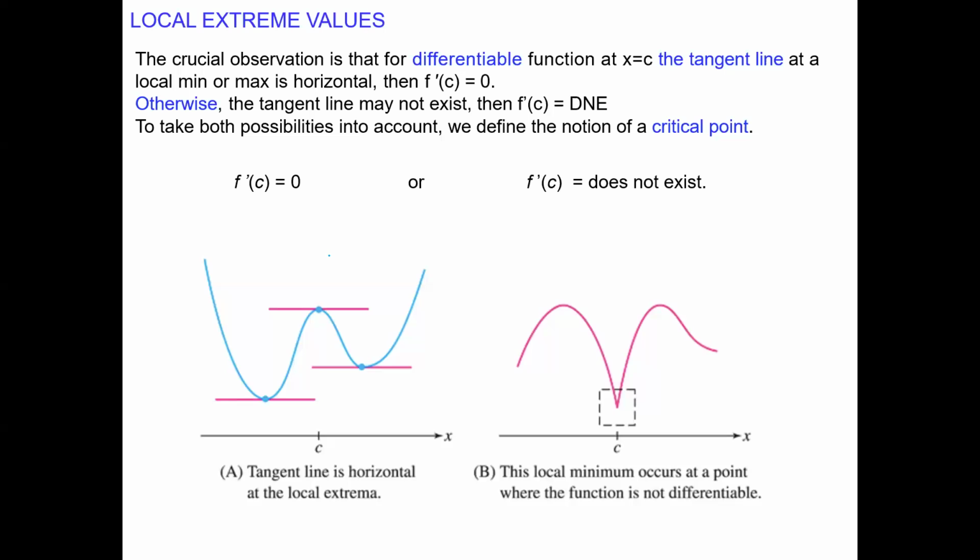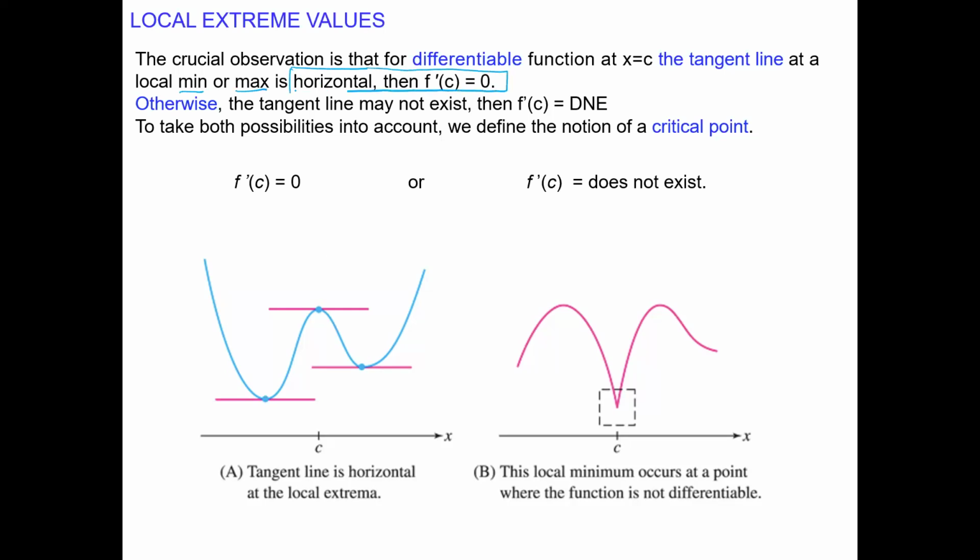Local extreme values. The crucial observation that we made is that for a differentiable, nice and smooth function at x equals c, the tangent line at this locally lowest or locally highest point is always horizontal.